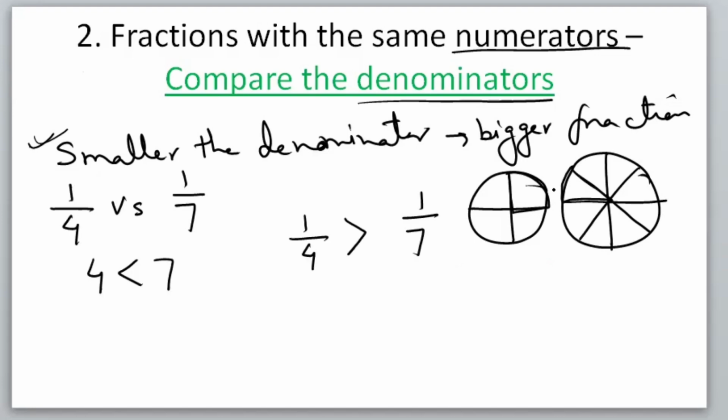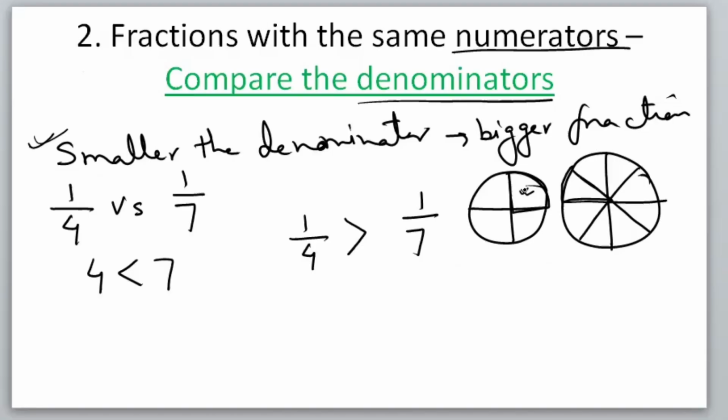Can you see which one is bigger? This one is the bigger slice. Less cut, bigger slice. More cut, smaller slice. Understand? That's why if the numerators are the same, we compare the denominators, and smaller the denominator, bigger the fraction. I hope you understand this one as well.